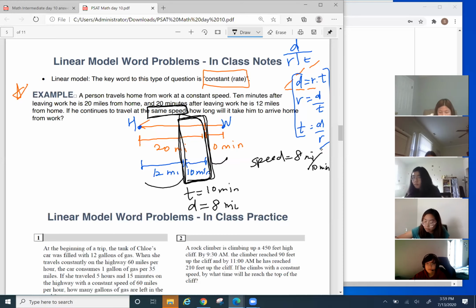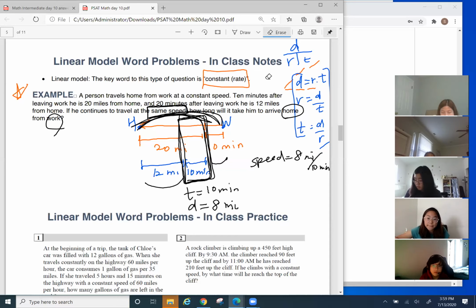Okay, now it's asking, how long will it take him to arrive home from work? It's asking from work to home, the entire region, right? It's asking how long, so it's asking for time. So we're gonna set up a proportion.